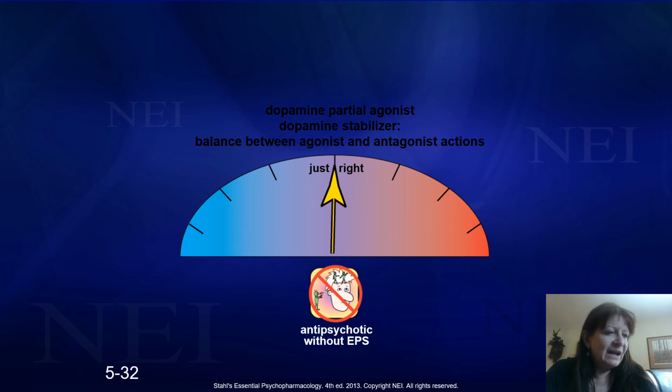And here we have the D2 partial agonist binding in an intermediate manner to the D2 receptor, so that the antipsychotic actions are just right with no EPS.